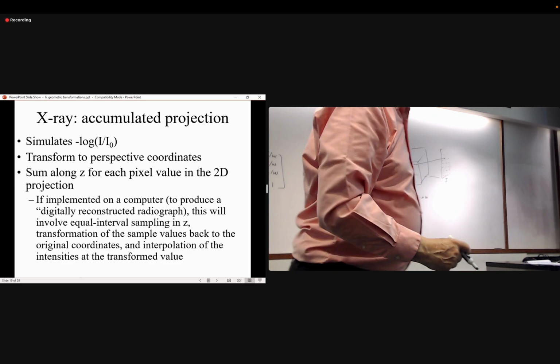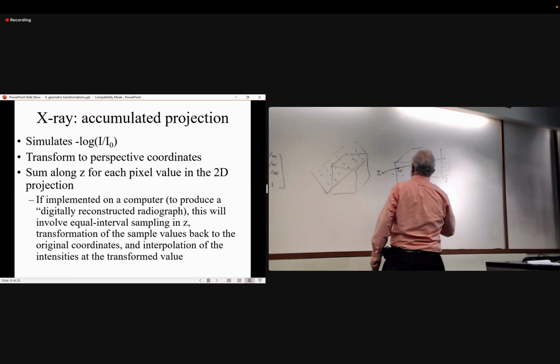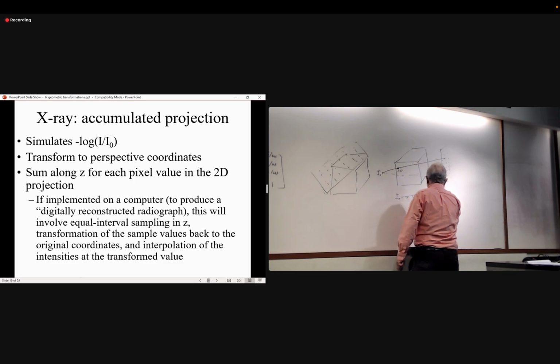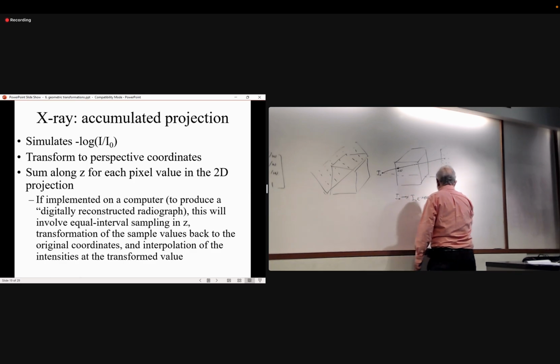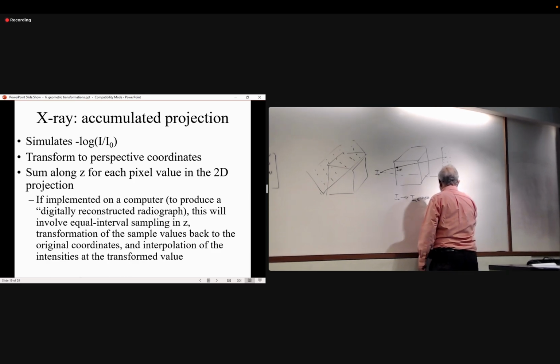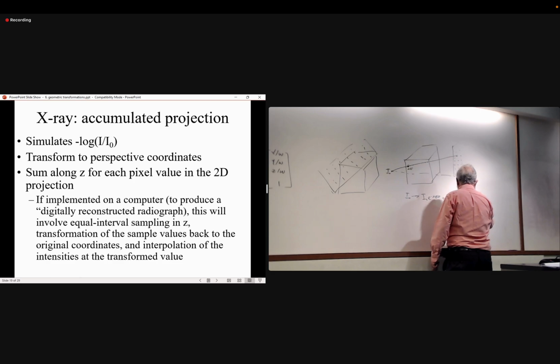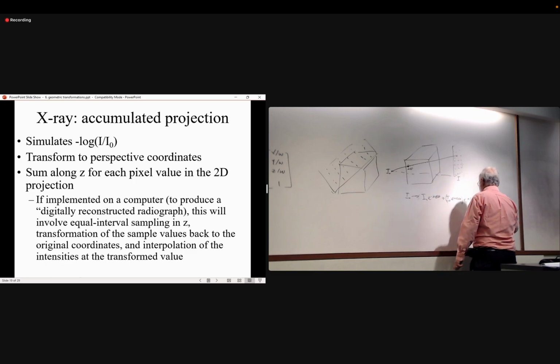Clear? Well, okay, so now that is the input to the next pixel, which is going to be I0 e to the minus mu of x delta x, times e to the minus mu of x plus delta x, times the same delta x.